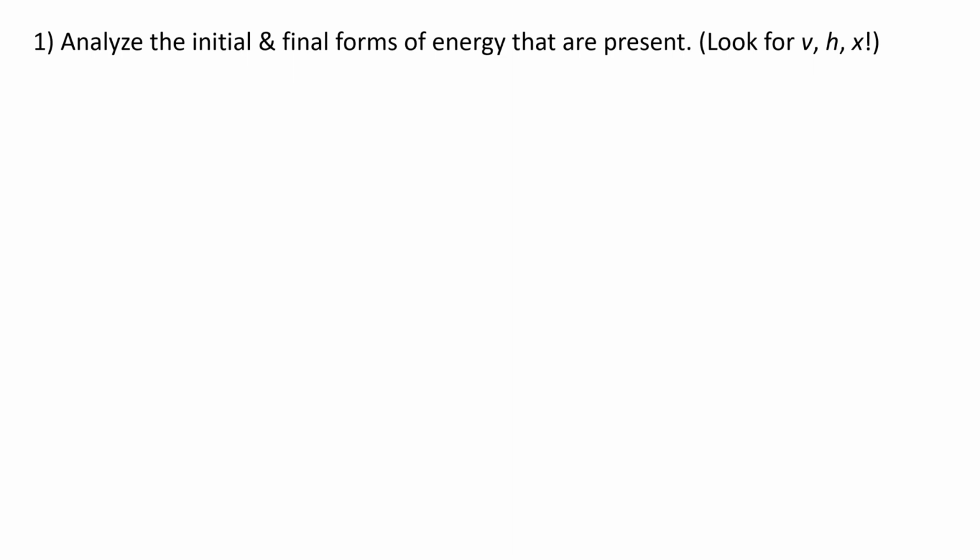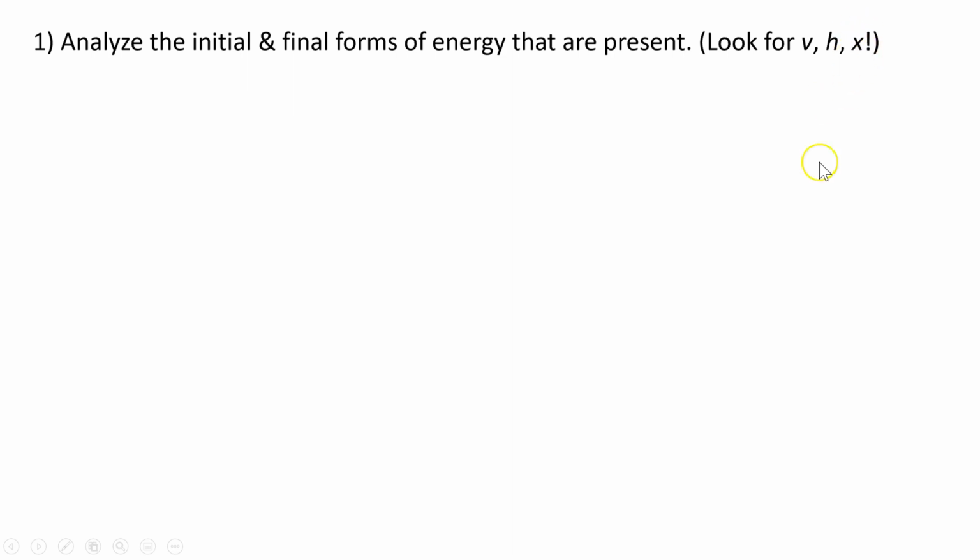For all of these different scenarios we've seen, we used the same method. Here it is. We started by analyzing the initial energy present and the final energy present. To do this analysis, we looked for speed, which indicates kinetic energy. We looked for height, which indicates gravitational potential energy.